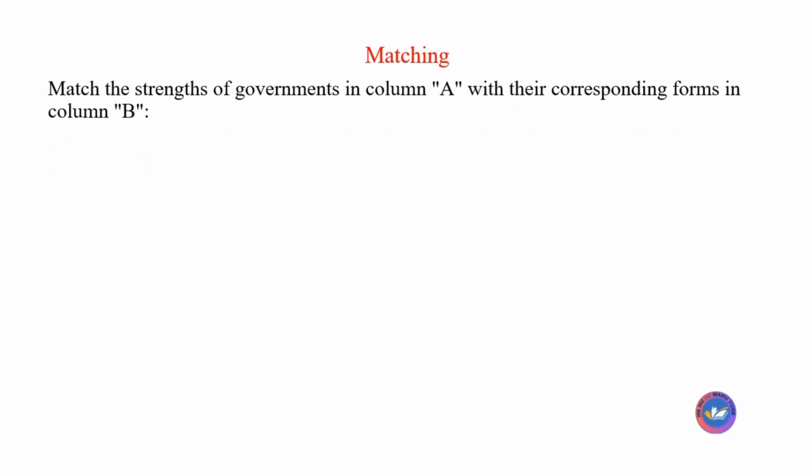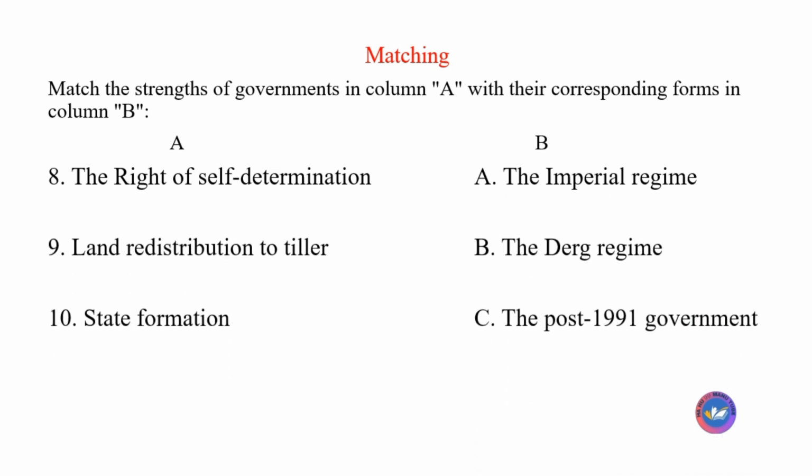Match the followings. Finished? Good. So you are going to match the achievements of the government to the corresponding forms in column B. The right of self-determination is the post-1991 government.